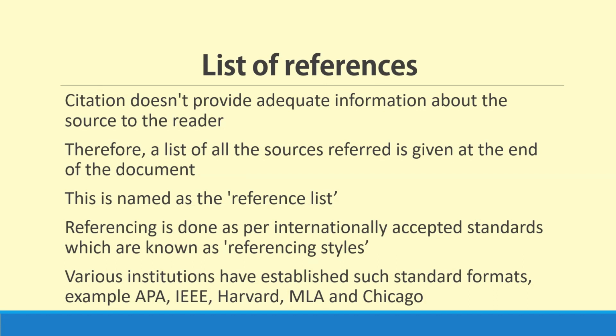Especially for undergraduates, in your degree, in your dissertation, you must use the Harvard referencing style. That's an example. Or else in some conferences, they say you need to use the IEEE style of referencing in your research paper.